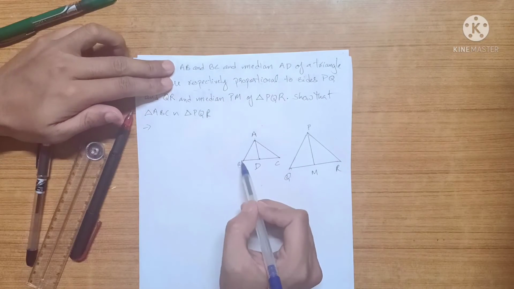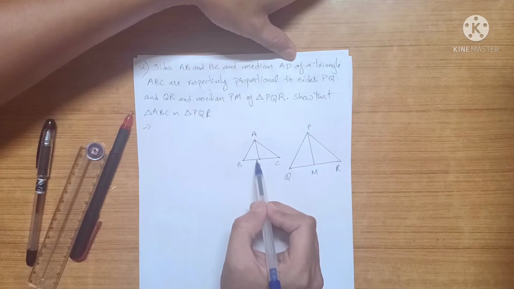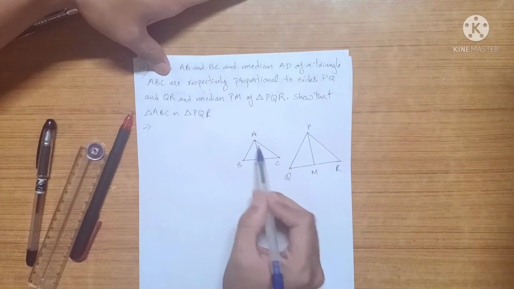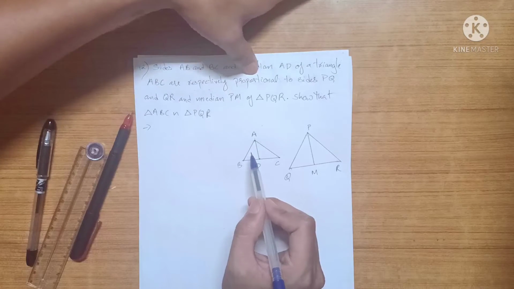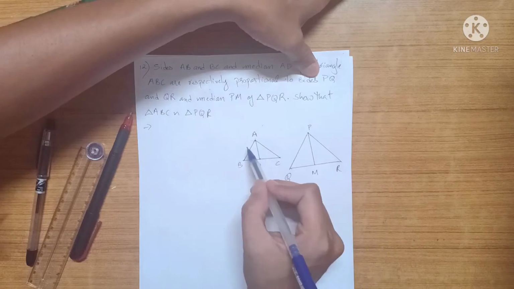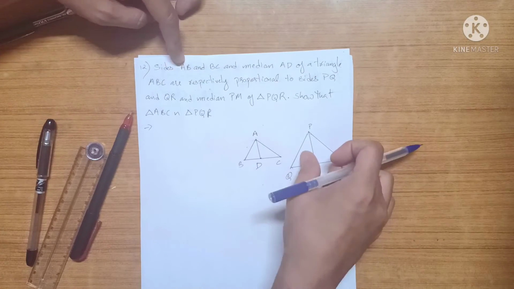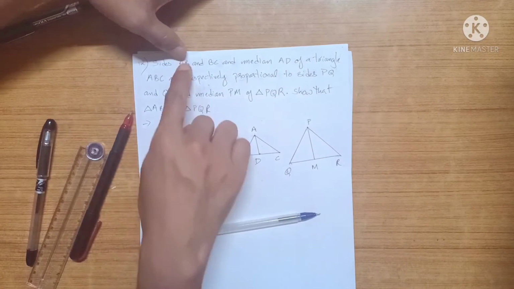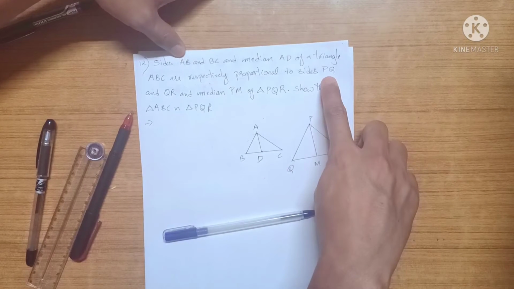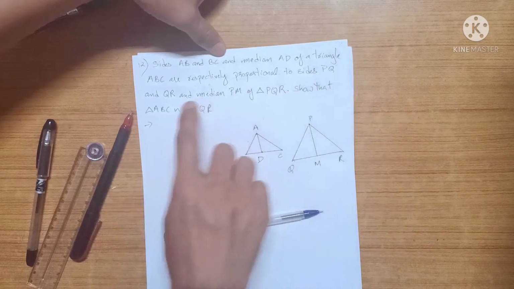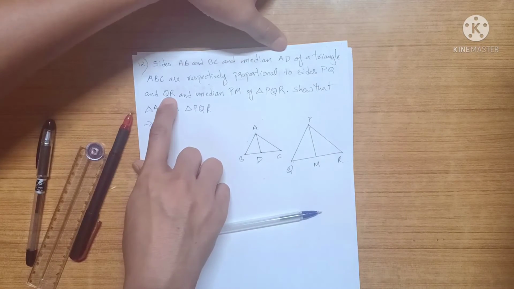So AB, BC, AD of a triangle ABC is respectively proportional to sides PQ. So AB is proportional to PQ. Respectively means that thing only. The first thing and the first thing is matching. So AB by PQ equal to BC by QR equal to AD by PM.